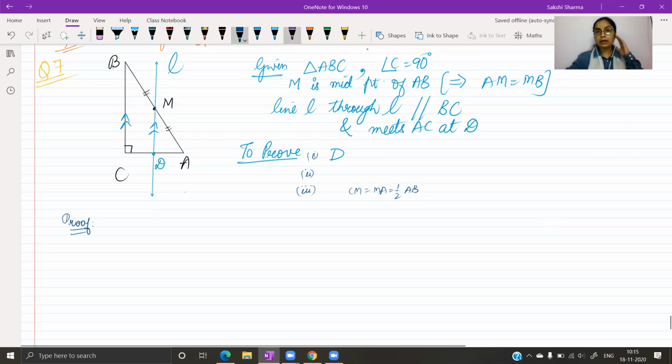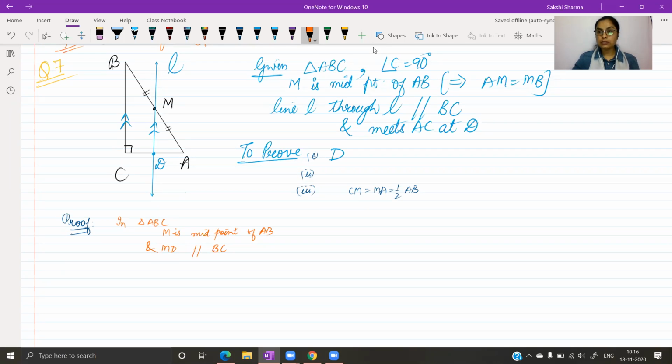So the first part is directly concluded from the converse of the midpoint theorem. If you want, you can write down properly that in triangle ABC, we have the midpoint of one side. Then through that midpoint, there is a line which is parallel to the second side. So MD is parallel to BC. We start from the midpoint of one side.